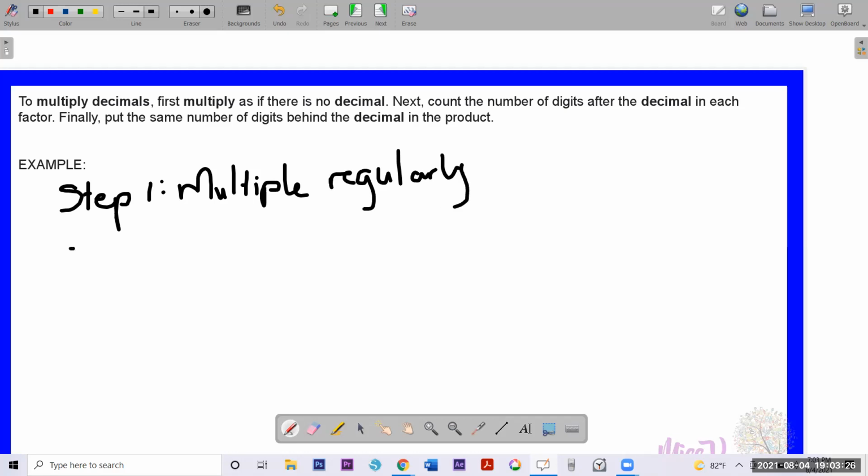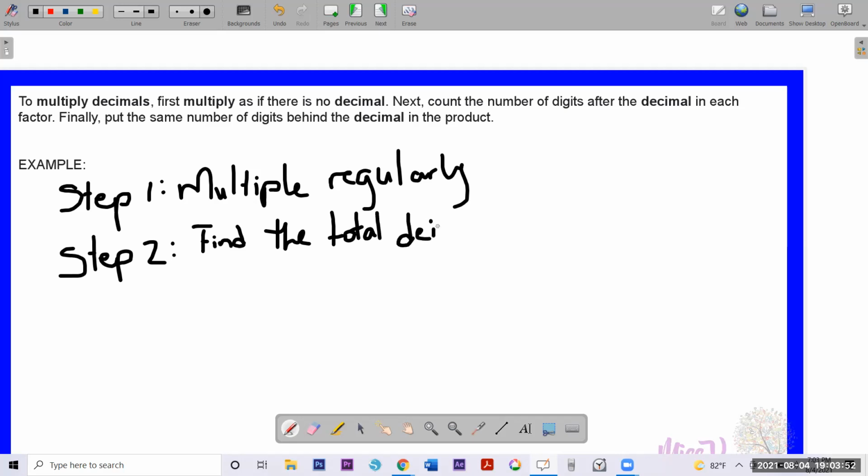Step 2: find the total decimal places. Another way of saying decimal places is DP.